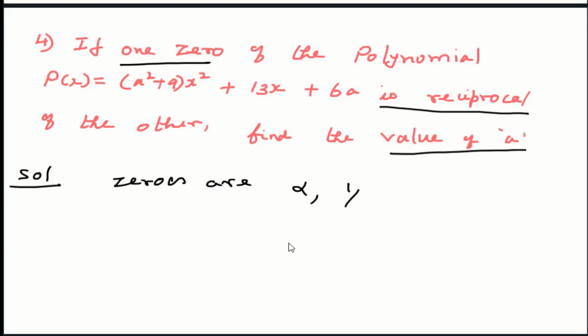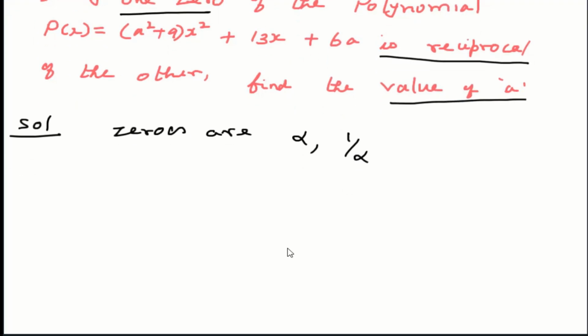So, I can write instead of beta, I can write it as 1 by alpha, right? So, now let me move on to sum of zeros. What is sum of zeros? Alpha plus 1 by alpha. That is nothing but minus coefficient of x by coefficient of x square. This is sum of zeros.